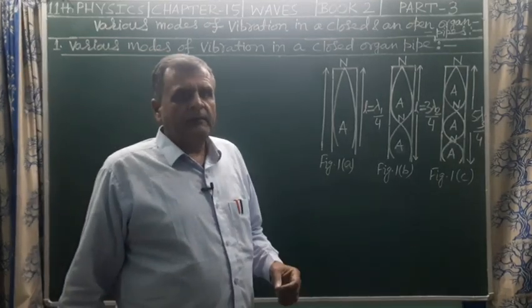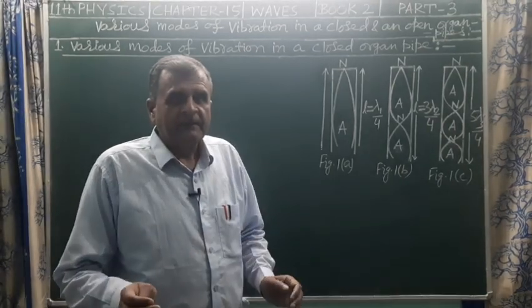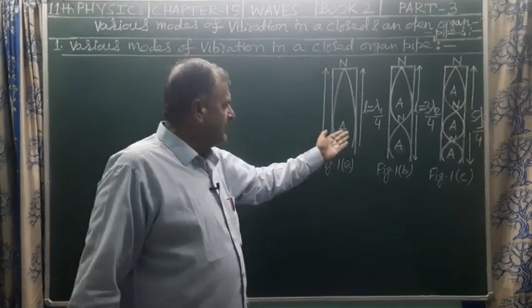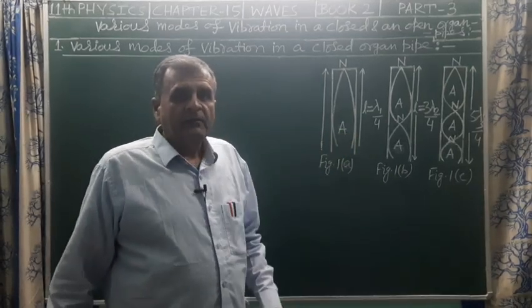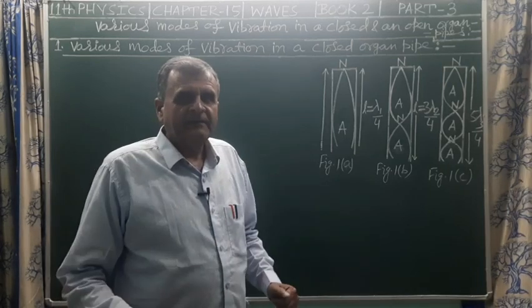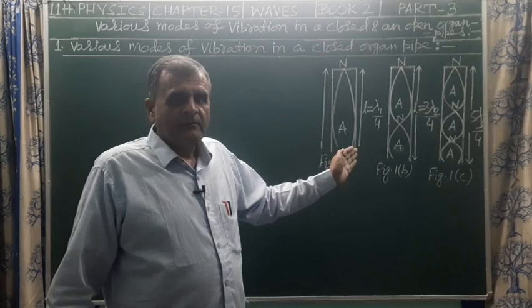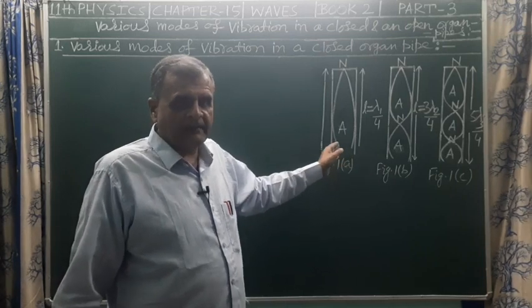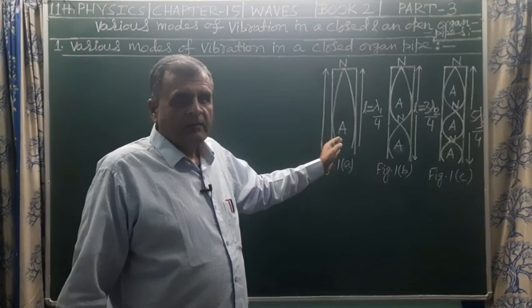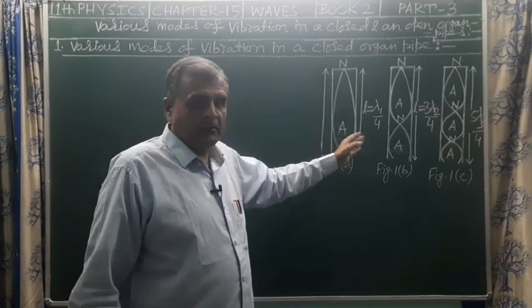A node is that position where the medium particles are at rest, while the antinode is the position where the medium particles have freedom of vibration, at the open end of the tube.